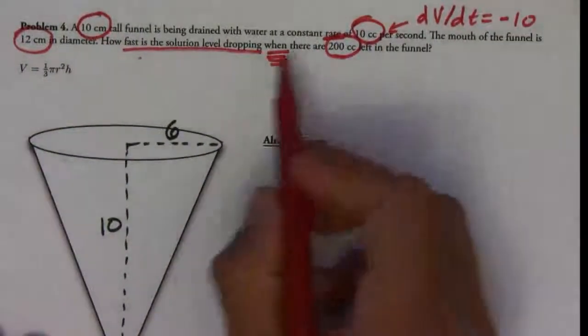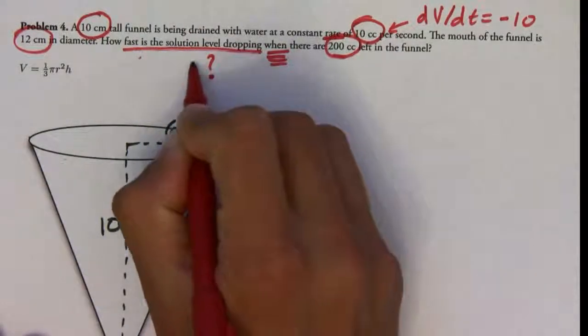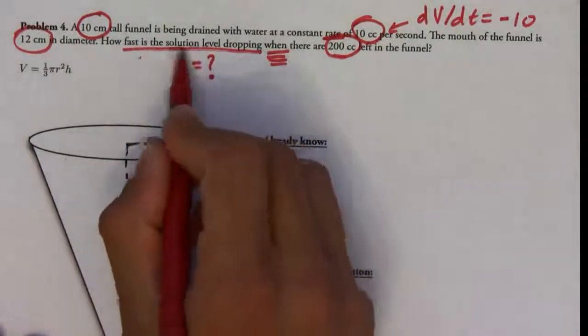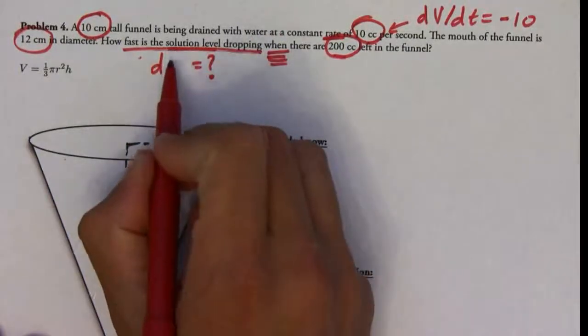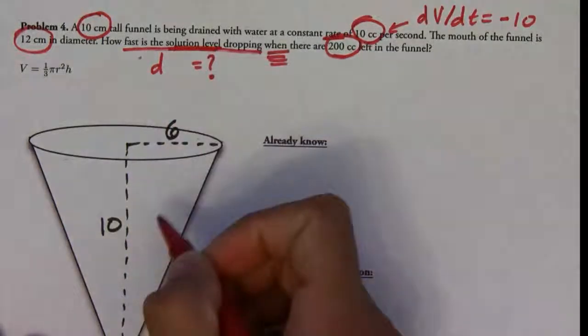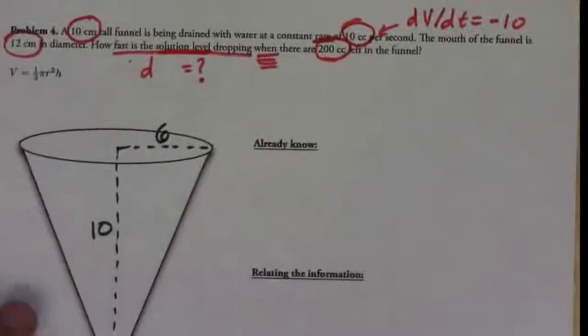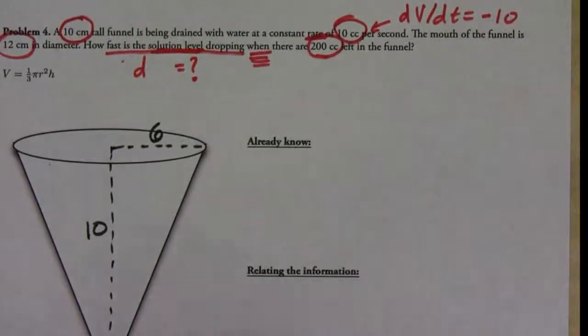Then it's asking me, how fast is the solution level dropping? So this is the actual question. It's asking me for the derivative of the solution level. I don't have a variable for that yet, so let's assign one. Let's draw the solution level on the cone here.